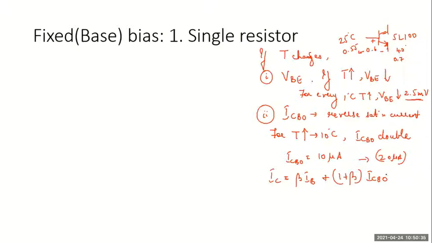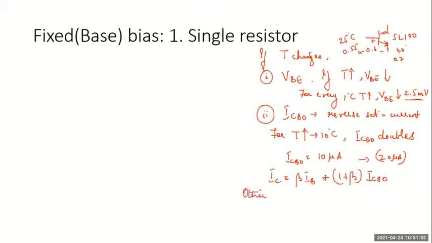So when this ICBO, though small, gets multiplied with beta, it can increase. And if this ICBO is sufficiently large, its effect on IC will be higher. Okay, so please understand this. Whenever the temperature increases by 10 degrees, the reverse saturation current doubles. So temperature causes change in these two parameters.